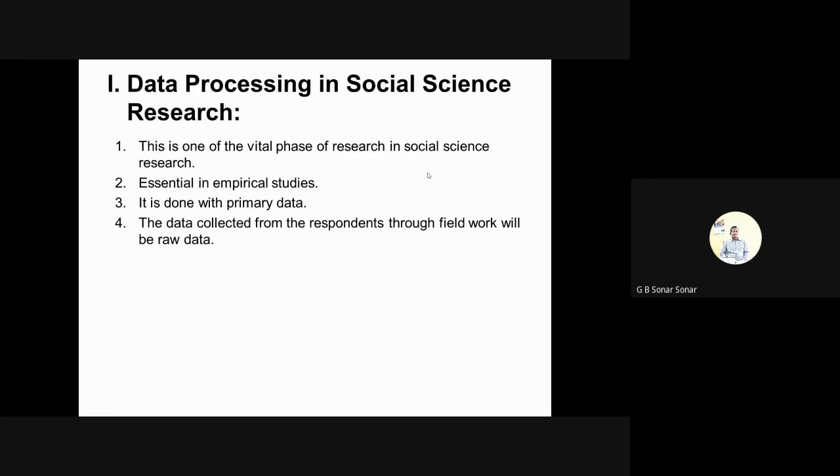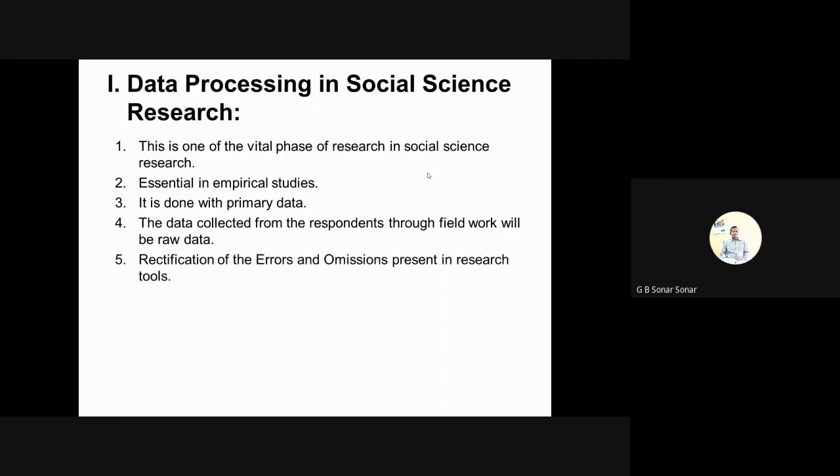So, just like that, the data collected from the field by the researchers is raw data because it will have certain errors. If those errors are not removed, it is likely to affect the quality of the data. Therefore, data processing is very, very important. When the data is collected from the field, it will be raw data, and raw data requires purification.